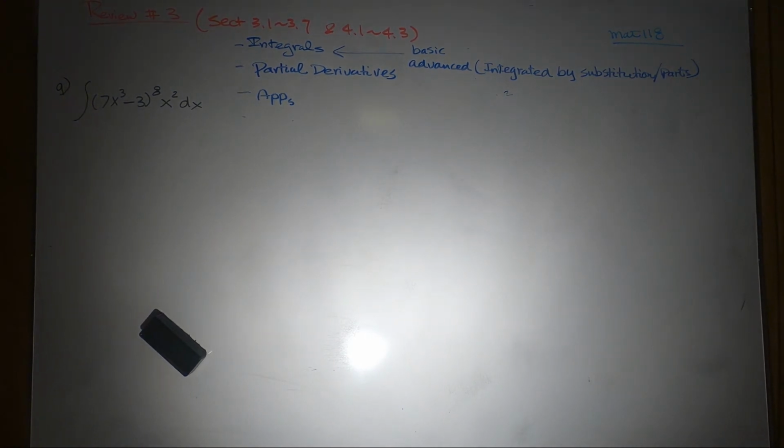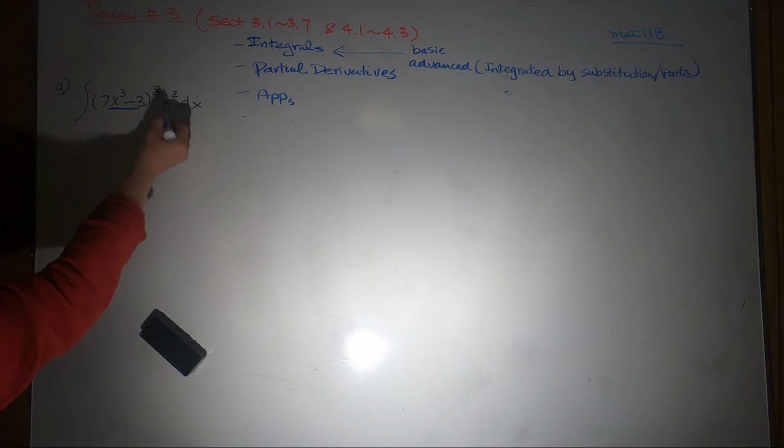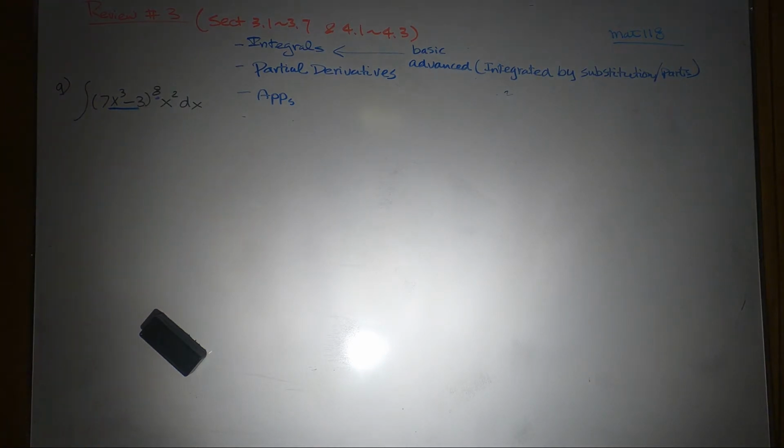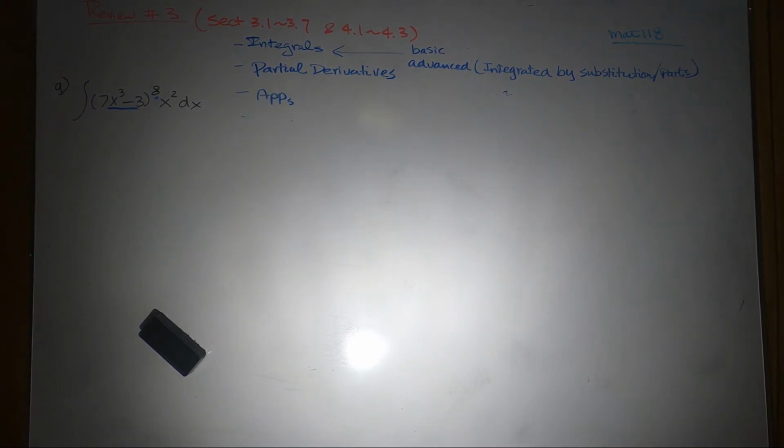So what do you think? Do some observations. You realize the 8th power, right? Then inside here, x cubed, if you take the derivative, would be something times x squared, right? So because by the chain rule, multiplying this would give this, you know you can use substitution, right?